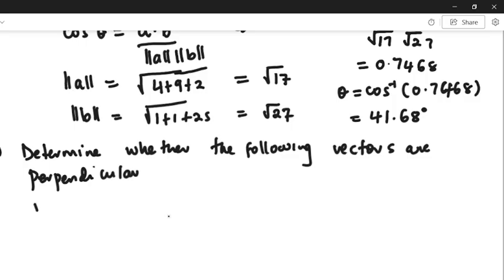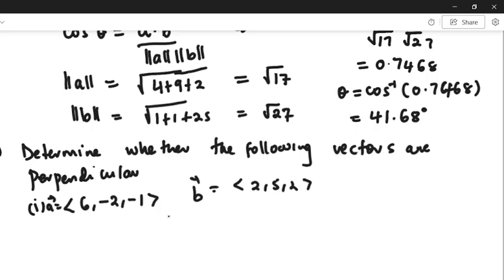So our first vector, we're going to do one, the other one will be left for the reader to try. So this is our vector A, this is our vector B, then we have another vector here.